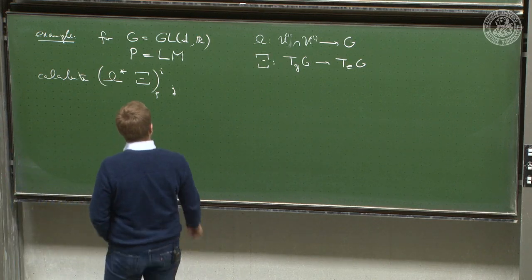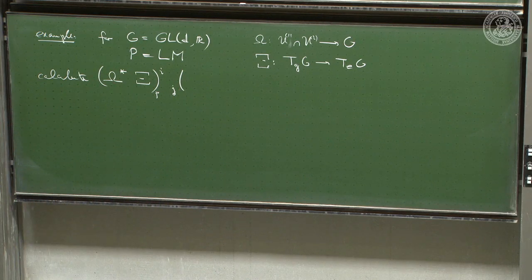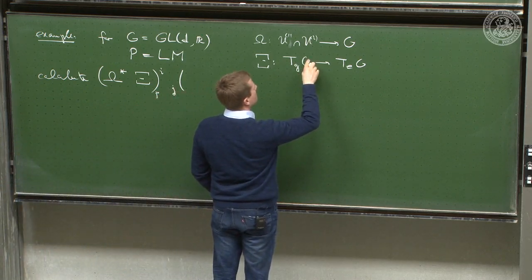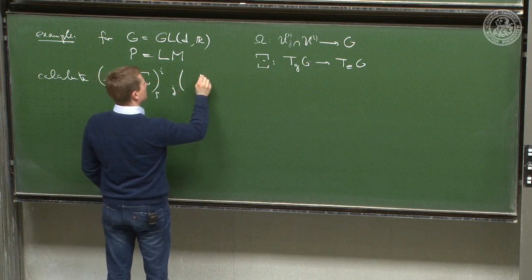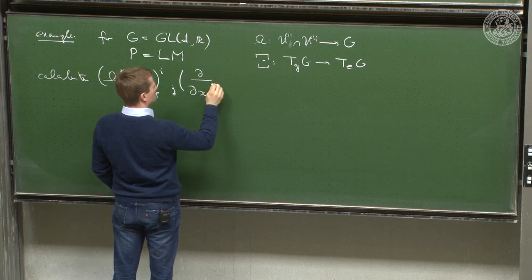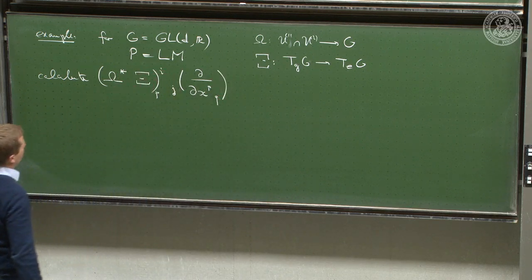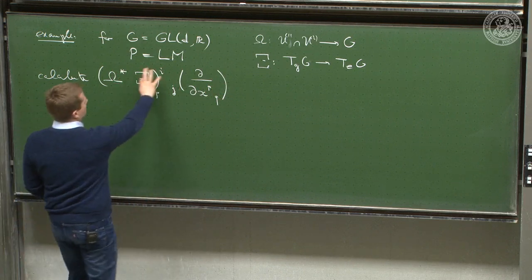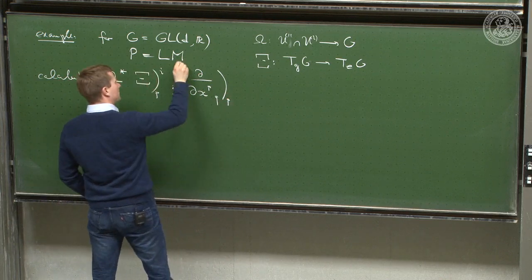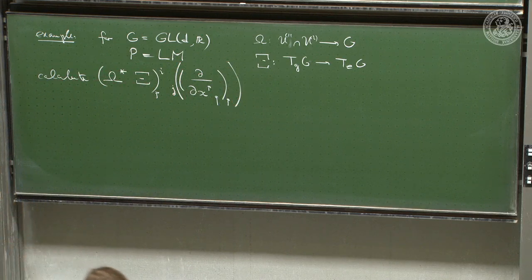We need to apply this to a vector. The Maurer-Cartan form is a one form on the group, which means we can act on a vector d by dx. Because that's a tangent vector, this guy can act on there. We pulled it back, so this will be such a vector at the point P on which we will act.